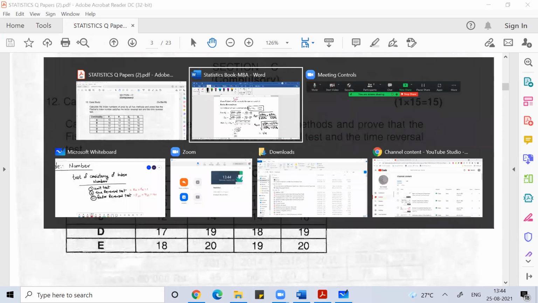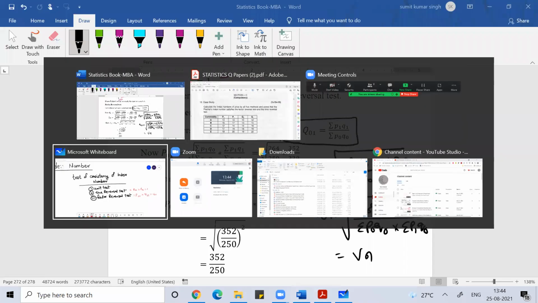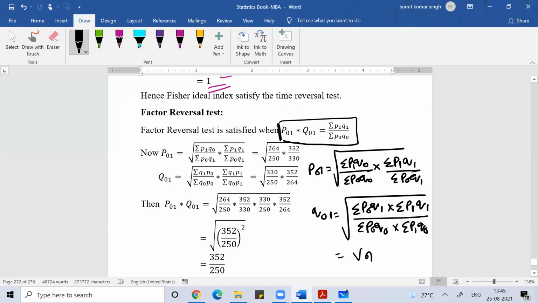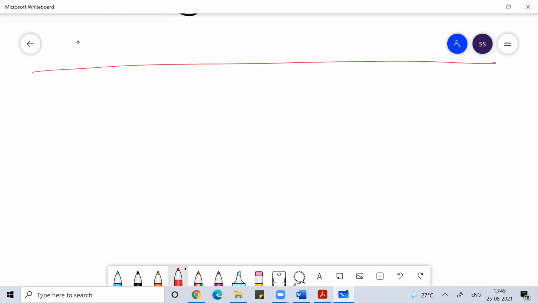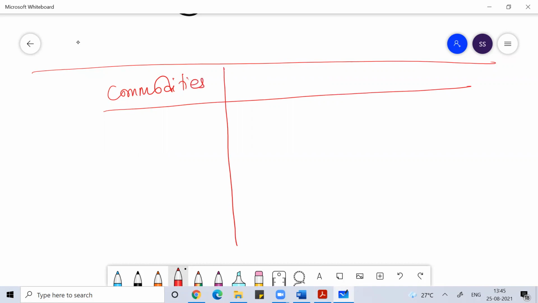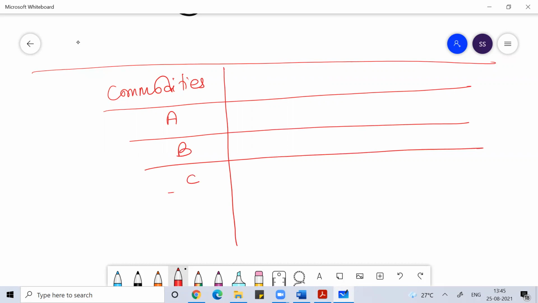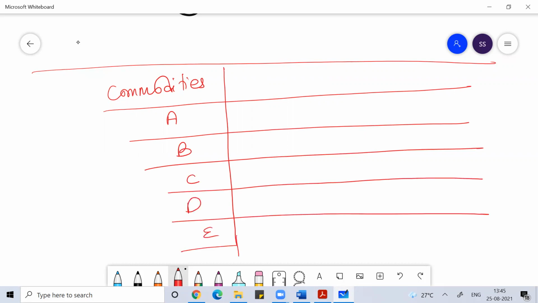If I write this question, we have commodities A, B, C, D, E. I have 5 commodities.